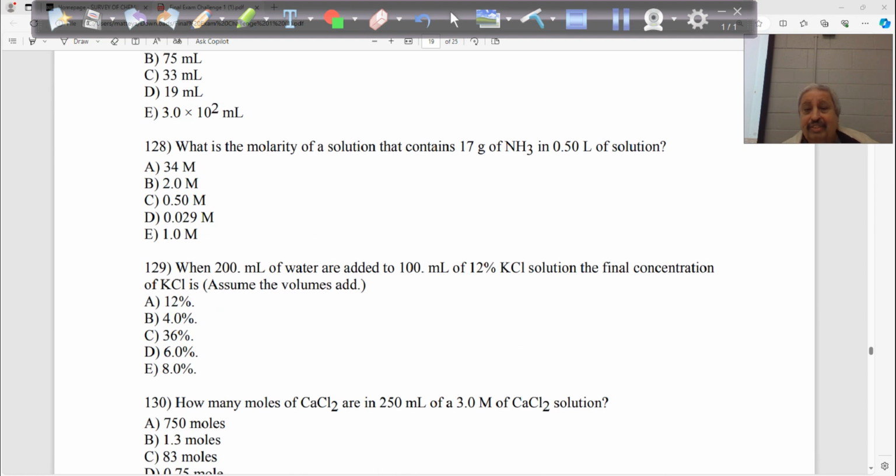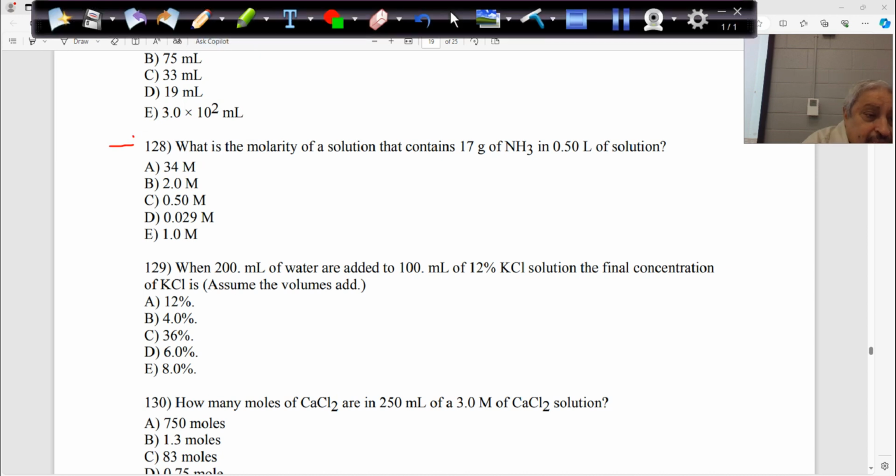What is the molarity of the solution? I'm looking at 128 here. Here it is. I need the molarity. Molarity, capital M, those are the units, mole per liter, or molar.